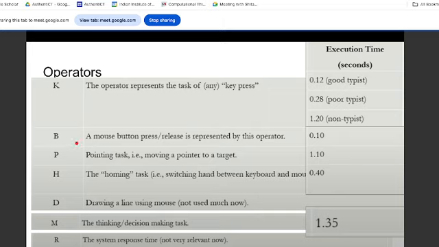So usually in the KLM model, for a frequent task within the system that is going to happen multiple times, they model the task based on the KLM model so that you get to know how much time the average user takes to perform it. That gives an idea.